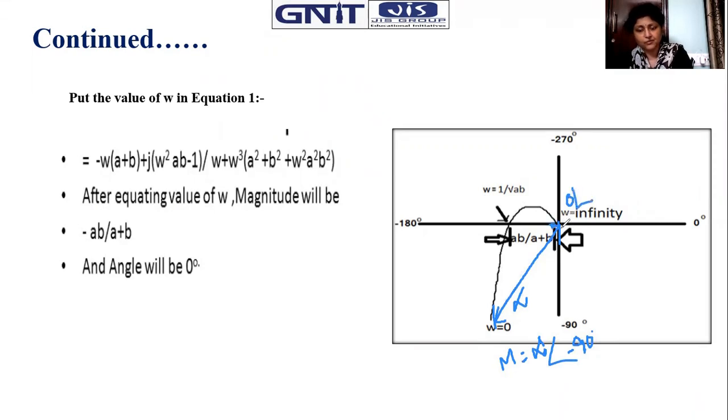So it is merging to the origin with the angle minus 270, touching minus 270 at the origin. Okay, so it is the sketch. Now, if this is the sketch, what will be your next step? The next step is you need to find the crossing with the negative real axis, or where it attains the minus 180 degree angle. Okay, let's clear the sketch and move to the slide.